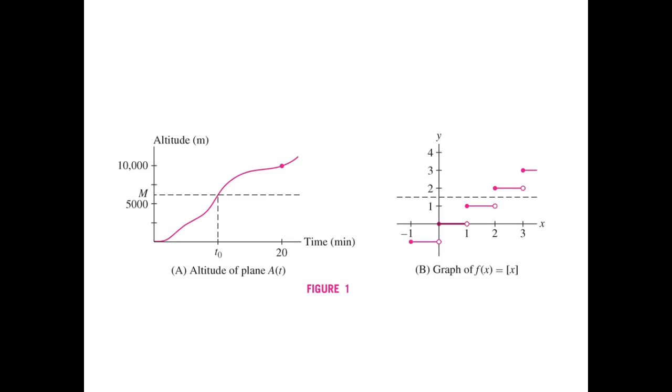It doesn't matter. For any value here, sometime during that time interval, it had to take on every value between 0 and 10,000. This one, that one, that one, had to at least once.